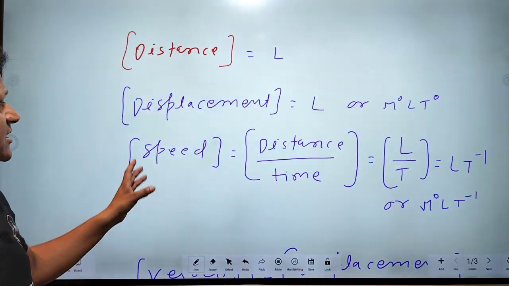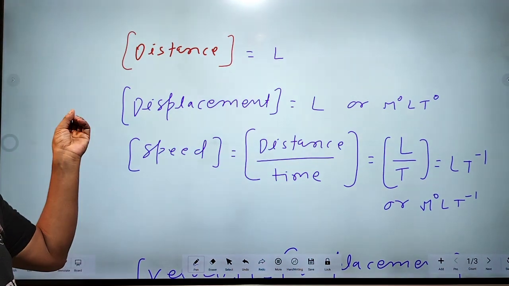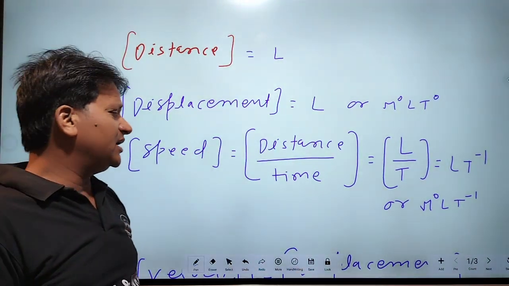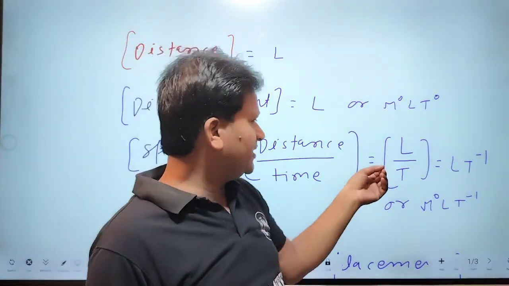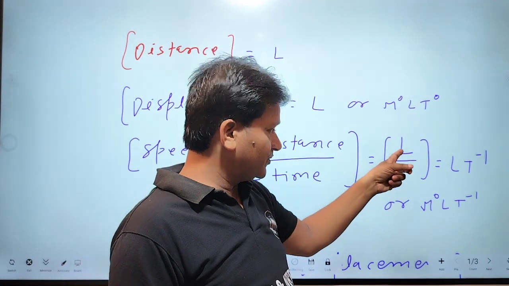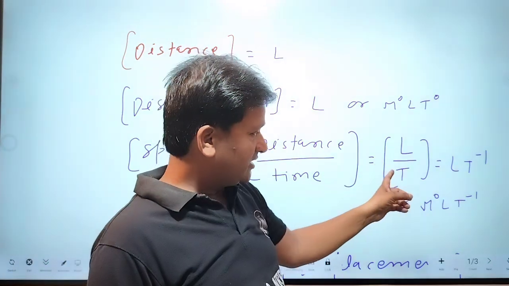Okay, speed is defined in the form of distance by time. Therefore its dimension will be, distance is just like length, therefore its dimension is L, and the dimension of t is capital T.